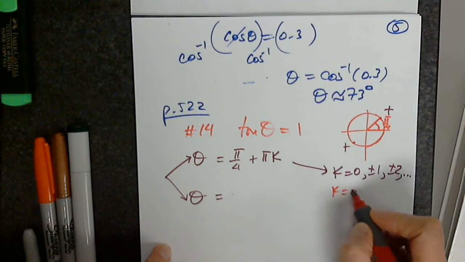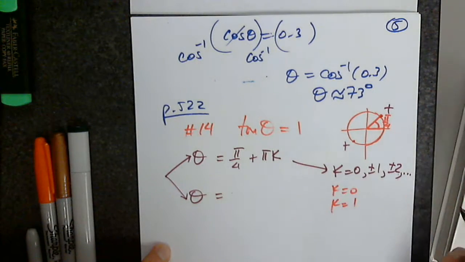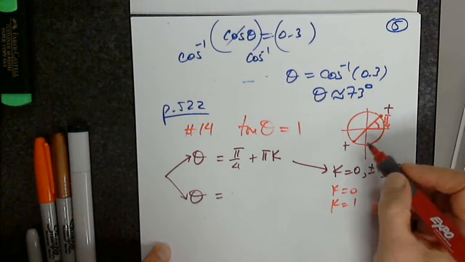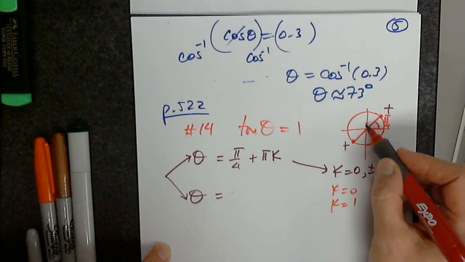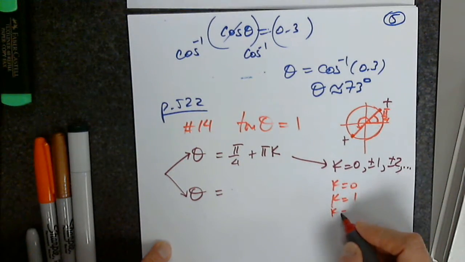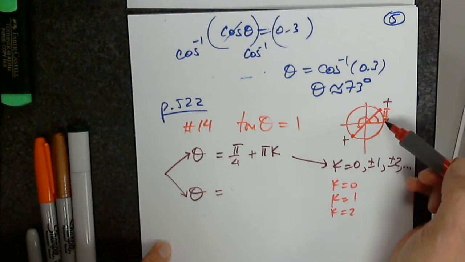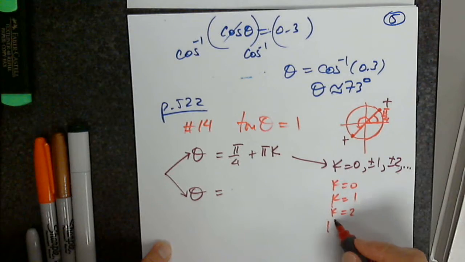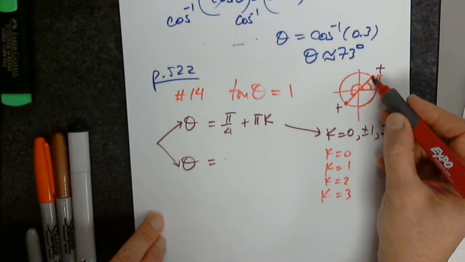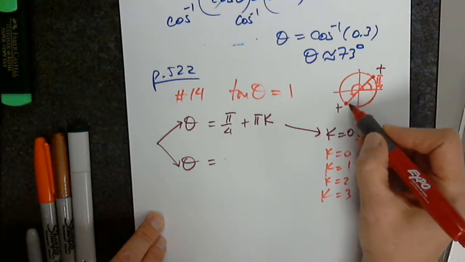So if k is 0, I only get this point. If k is 1, then I get pi over 4 plus pi. Tangent of this angle will still be 1. If k equals 2, then I have pi over 4 plus a complete rotation, and I'm back here. If k is 3, then I have pi over 4, a pi, a second pi, a third pi, and I end here.